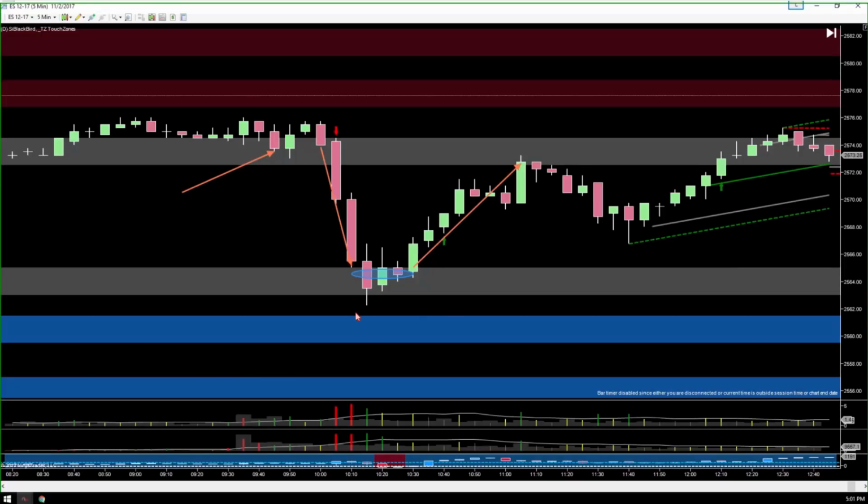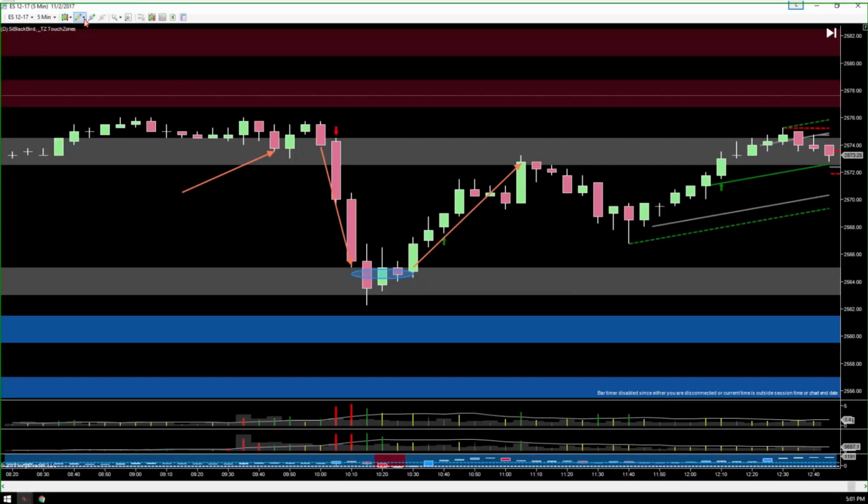Now they are real-time only, and unfortunately I do not have them on this chart because I did have to restart Ninja for this presentation. So when you have a real-time indicator that tracks something like order flow, you are not going to see them on the chart after you restart.